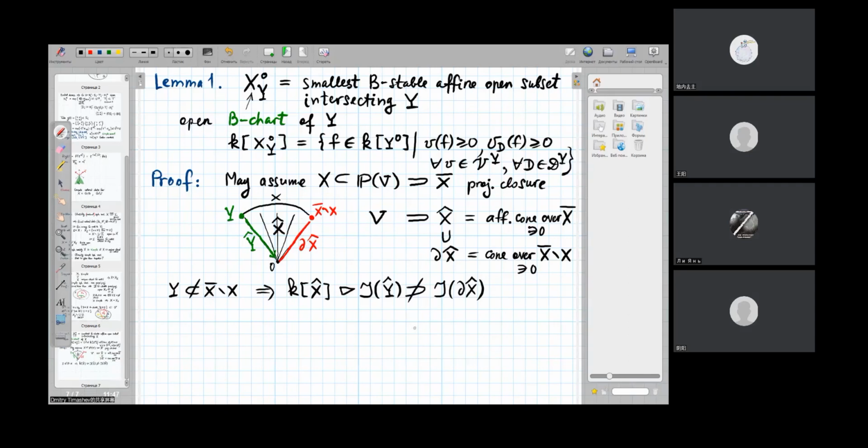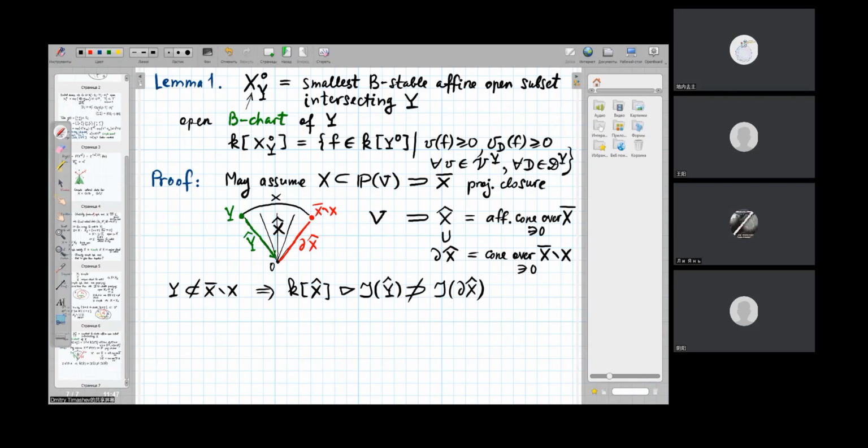This means, so is it what I need? Let me think a while. So Y is not contained in here, and for vanishing ideals the opposite inclusion doesn't hold. Yes.